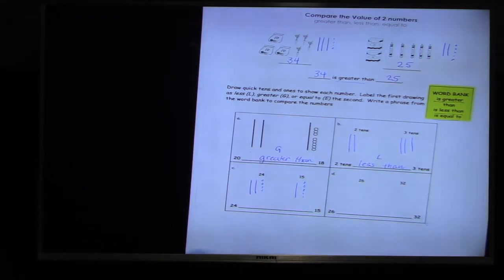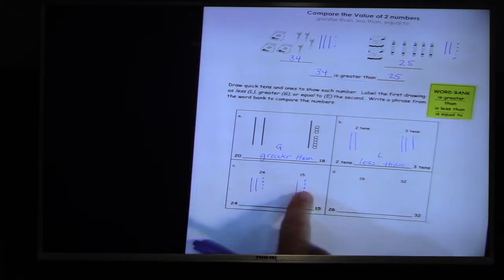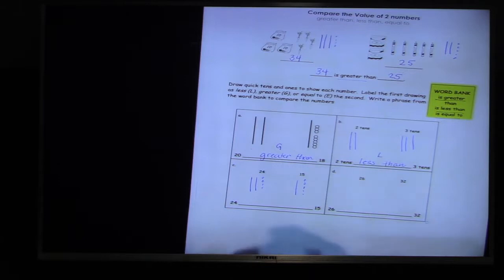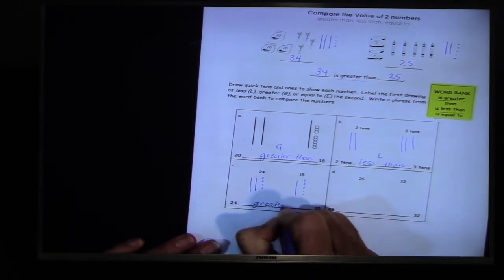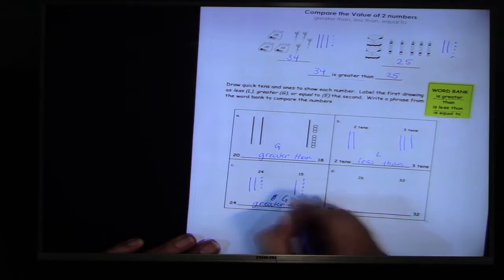And again, each time I would be asking, why is it less than? Why is it greater than? And with the picture there, they can say, oh, there's one more 10 than there is in here. The 24 is greater than. So we are setting up the language to match the symbols.